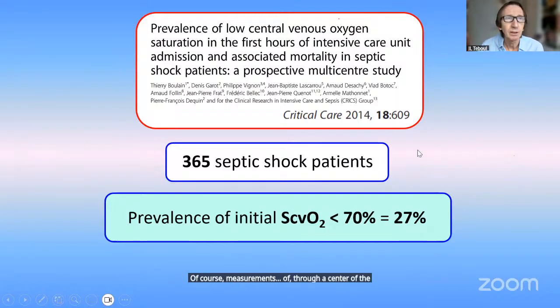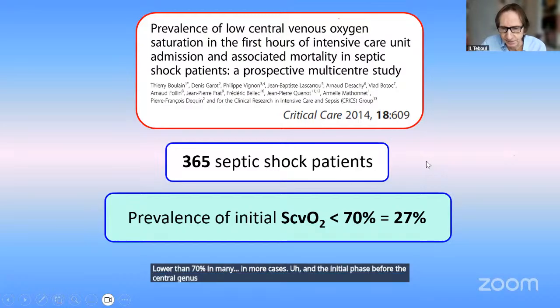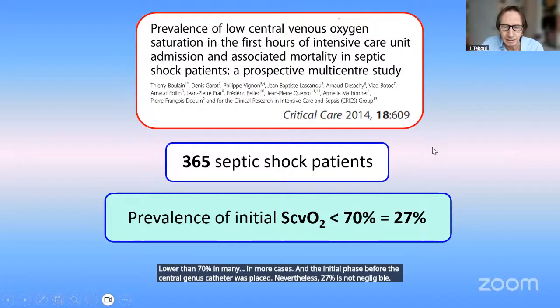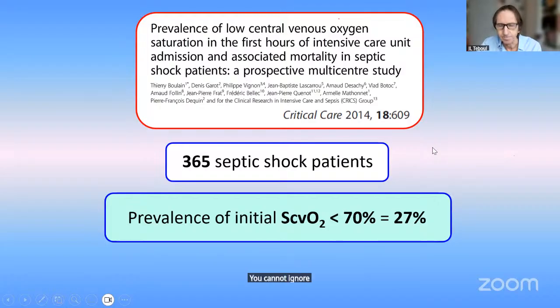So probably it was lower than 70% in more cases at the initial phase before the central venous catheter was placed. Nevertheless, 27% is not negligible. You cannot ignore these patients.